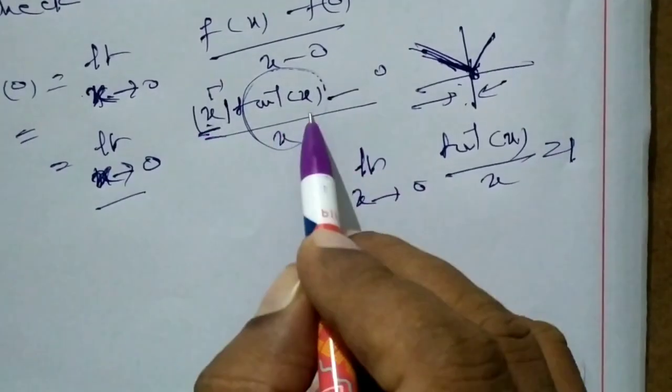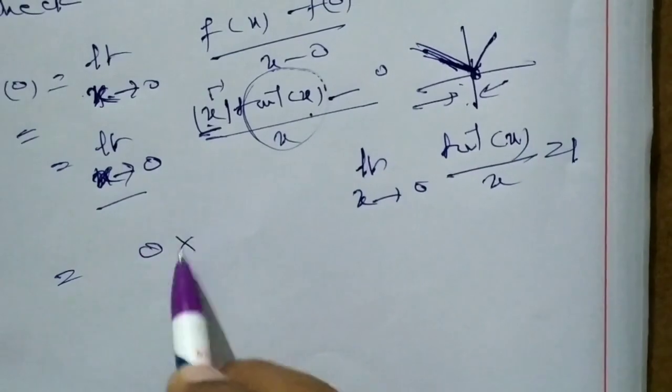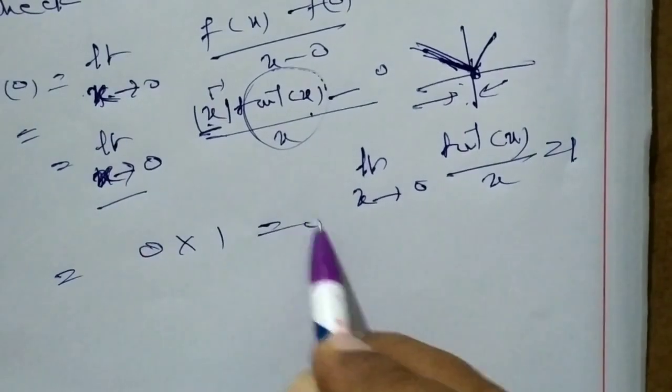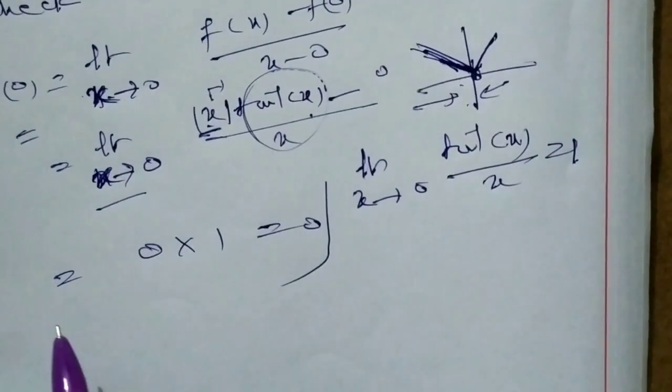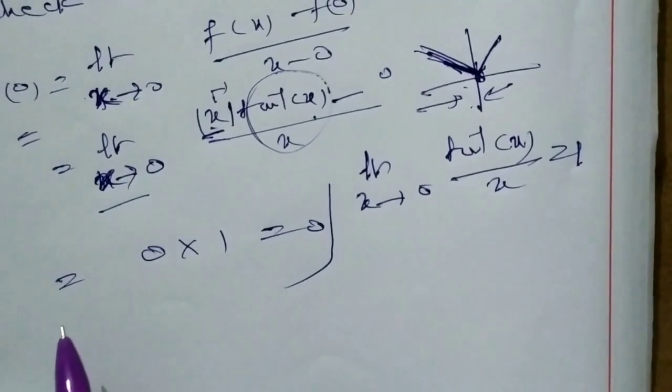Therefore, it is 0 into 1, which is equal to 0. Finally we get f dash of 0 is equal to 0.